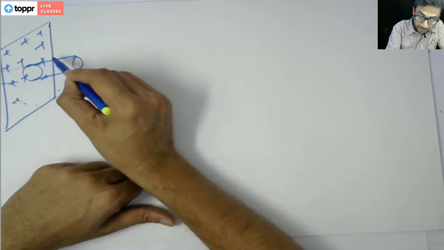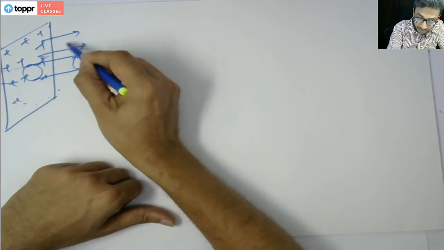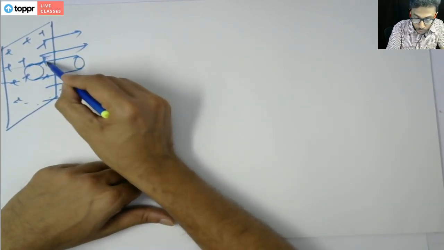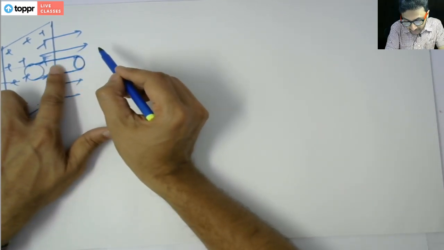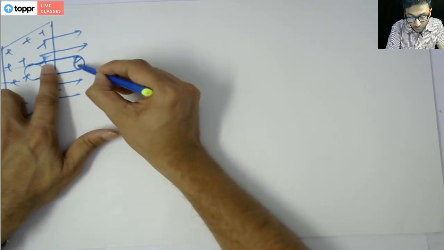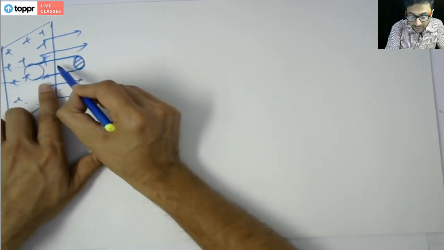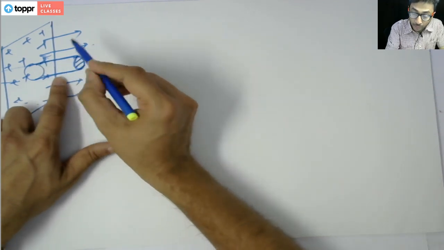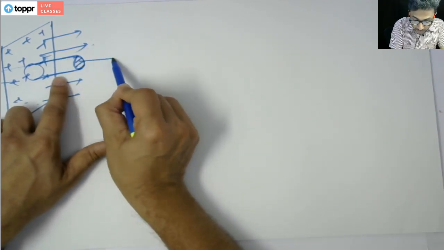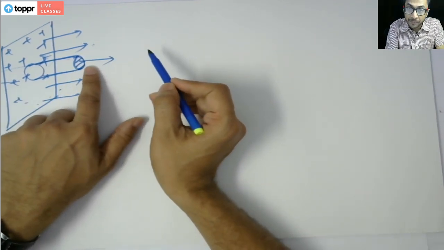The electric field will be like this. The curved surface area of the cylinder is parallel to the electric field, so the flux associated with it is 0. So finally we have to find the flux associated with the end faces.